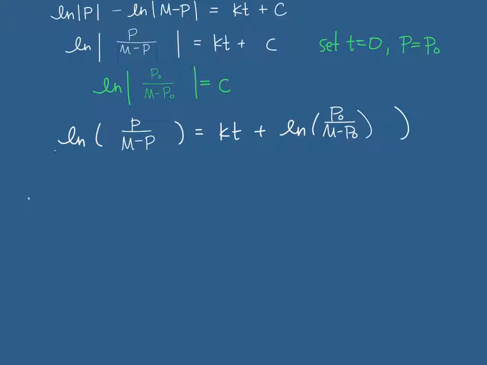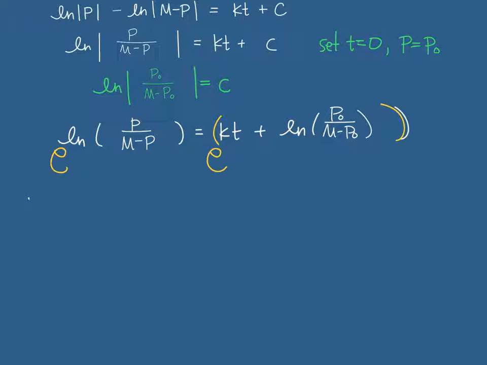Now we'll use e: e on that side, e on all of that side. The population is going to be positive, right? We don't have negative population.